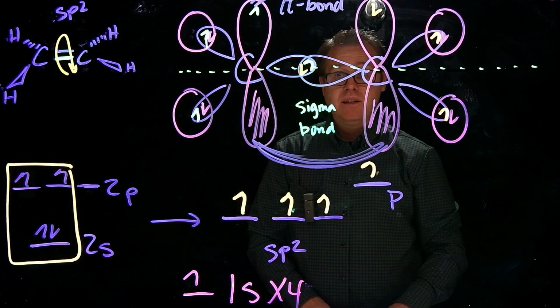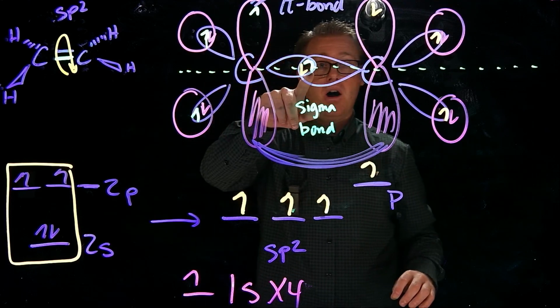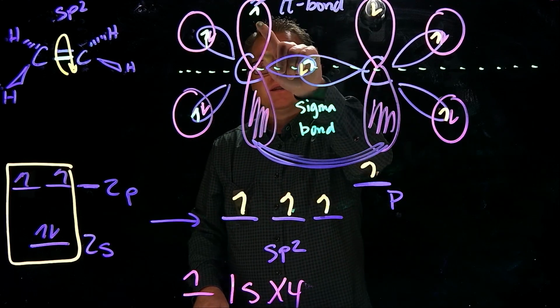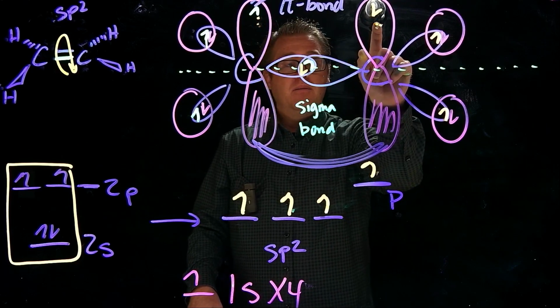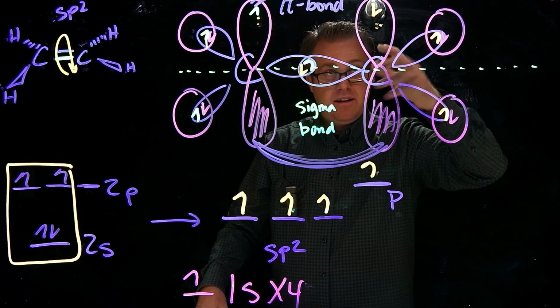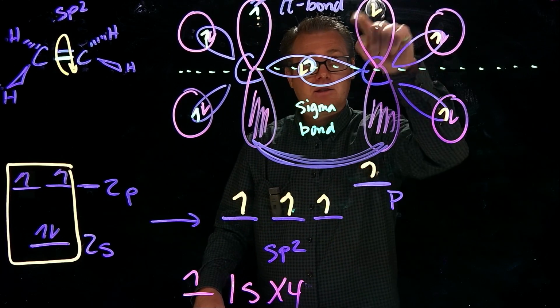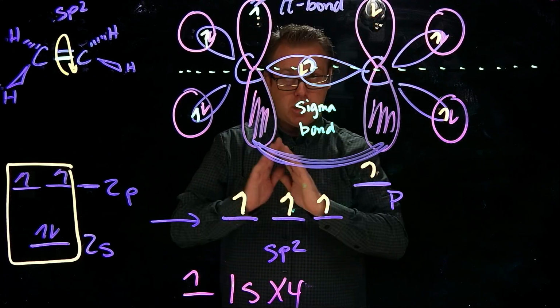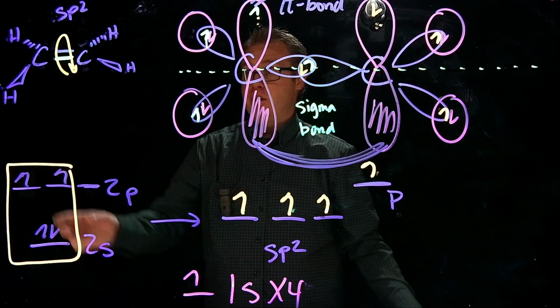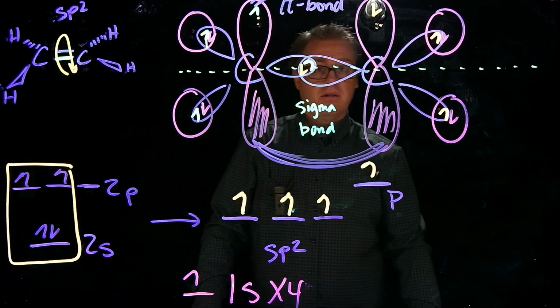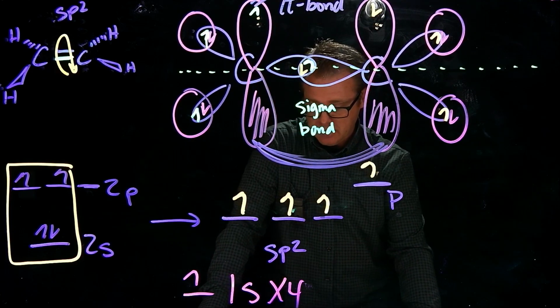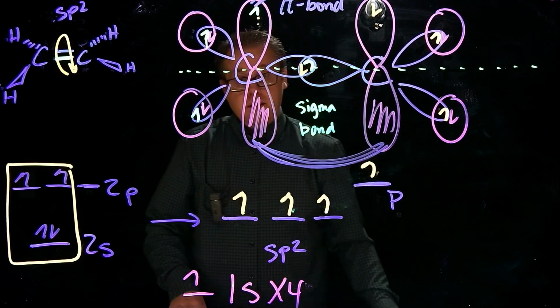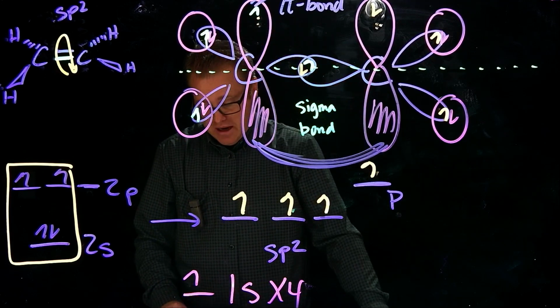Because if you rotated around that double bond, you would disrupt the interaction between these two p orbitals. Because if you twist this carbon, that interaction between this orbital and that will be gone. And so you would destroy that double bond character. And that does not happen. Okay? So that's sp2 hybridized.